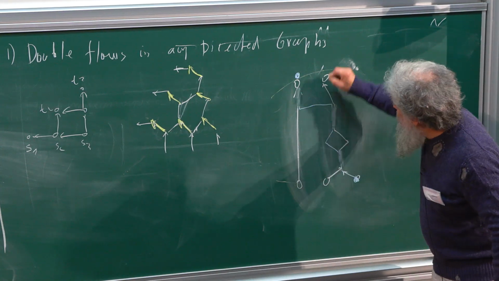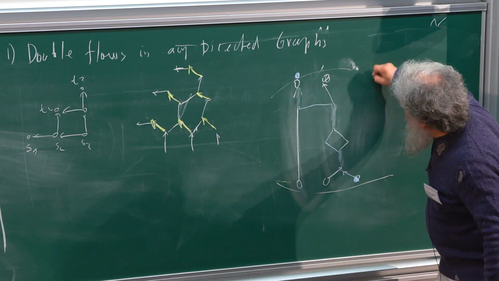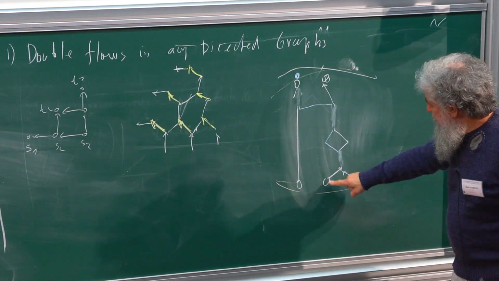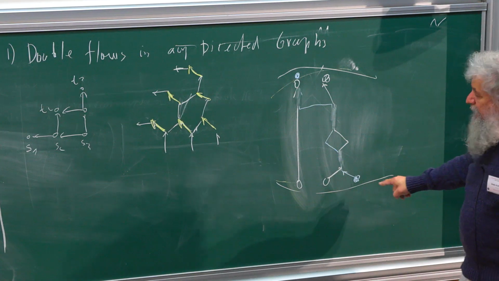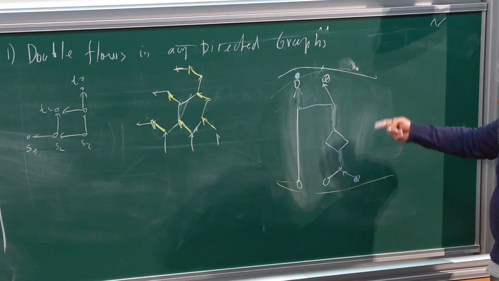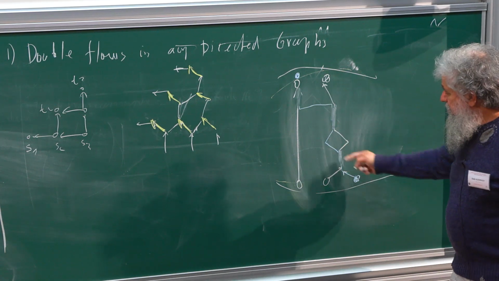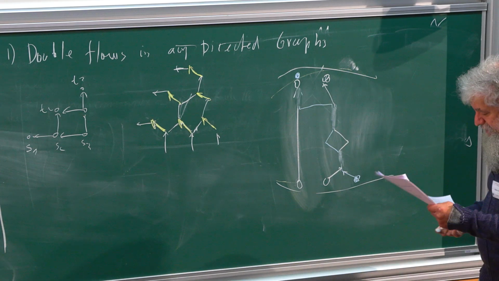So white goes to white because this is on the bottom, this is on the top, and these are two different colors, and then they join. And vice versa. So for each double flow, we get a matching in this sense.